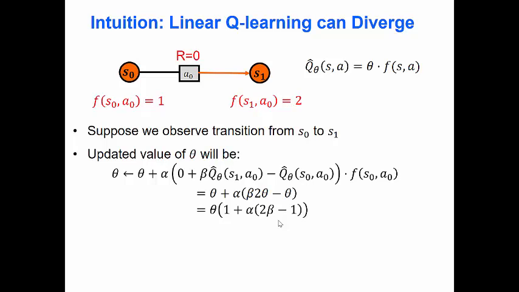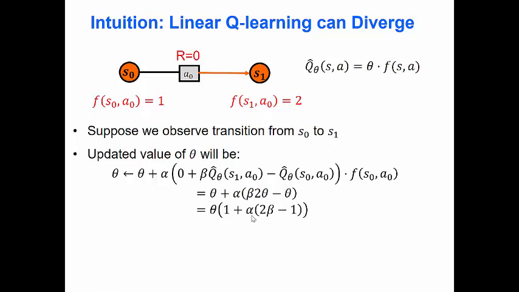This seems to be a problem, because we didn't say anything about what the value of theta was. If you do this transition once, theta gets bigger by a multiplicative factor. If you do that transition again, theta gets bigger again by a multiplicative factor. And this will just blow up.